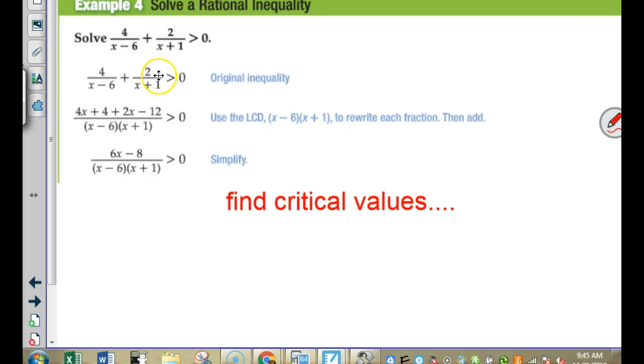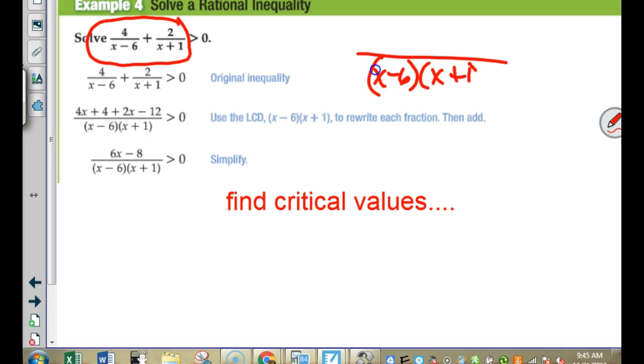Okay, so here's an example. To be able to combine these into a single fraction, what would the common denominator be? X minus 6 times x plus 1. We already have a 0 over here, so we just need to get these combined.